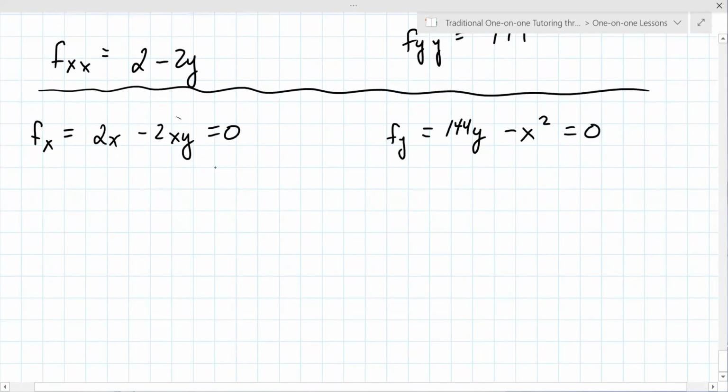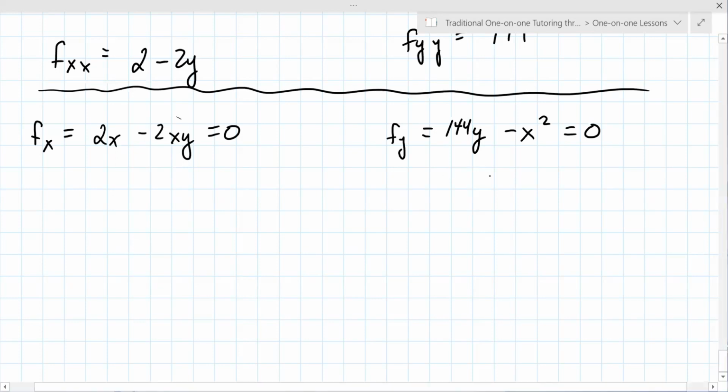So this one, how do we want to do this? Let me solve this one for y, I think. You have to be careful here. If you solve this one for y, you get y equals 1, which we might be excluding a point.